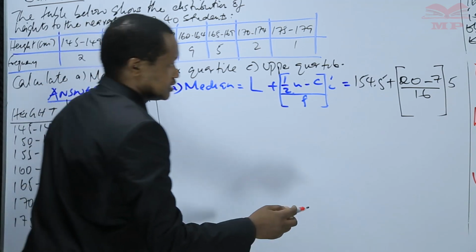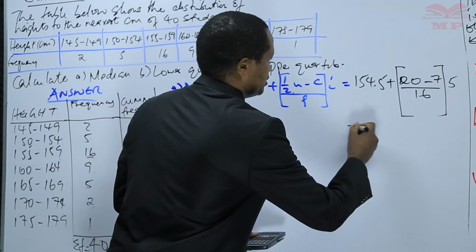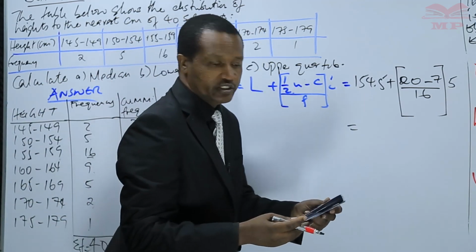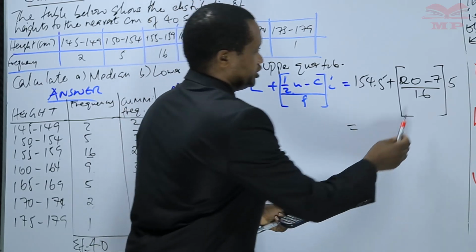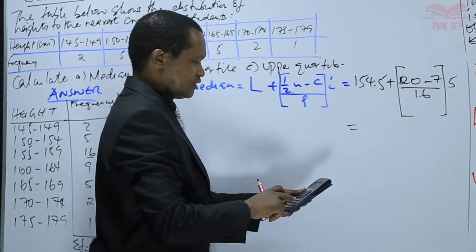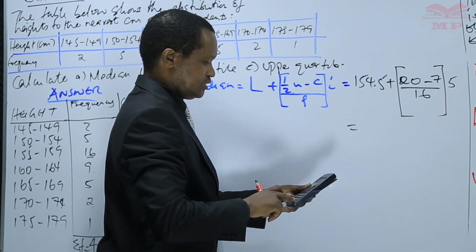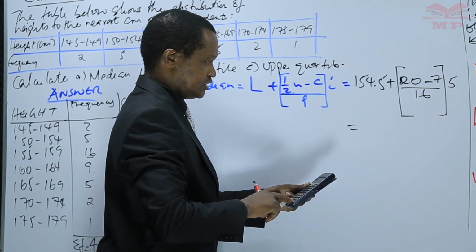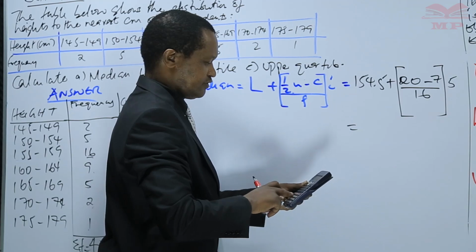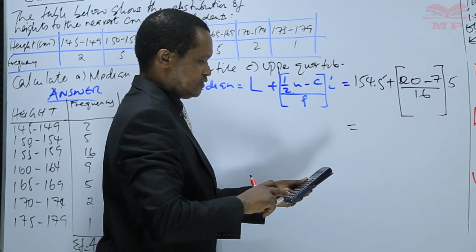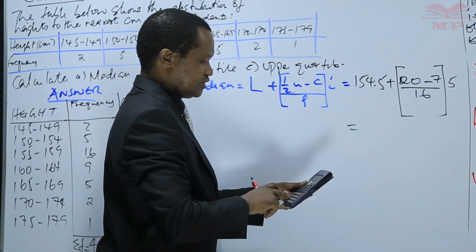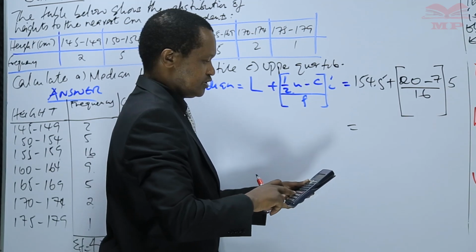Now the rest, learners, is the work of the machine. We will use the machine here. That is 20 minus 7, divided by 16, times 5, plus 154.5.